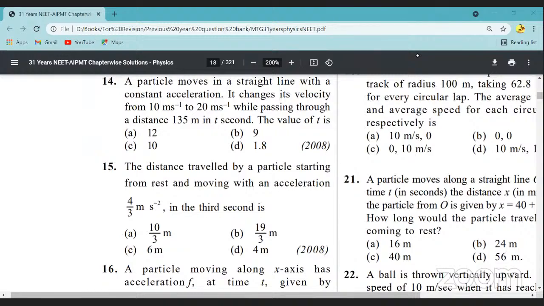The distance traveled by a particle starting from rest, in the third second. For the third second, we will apply the formula S nth equal to u plus half a into (2n minus 1).